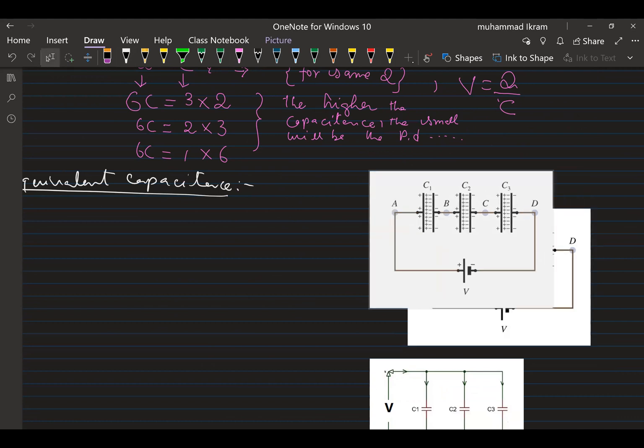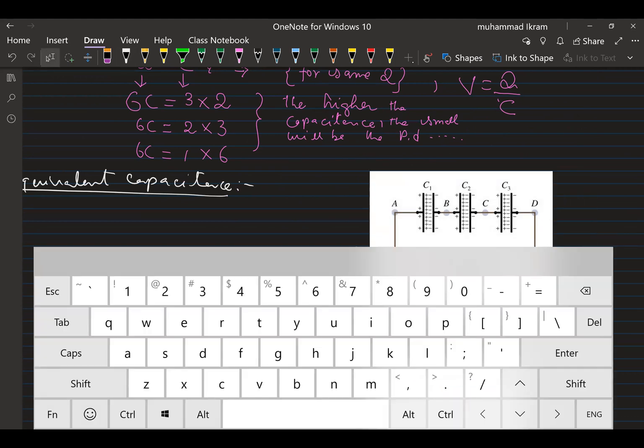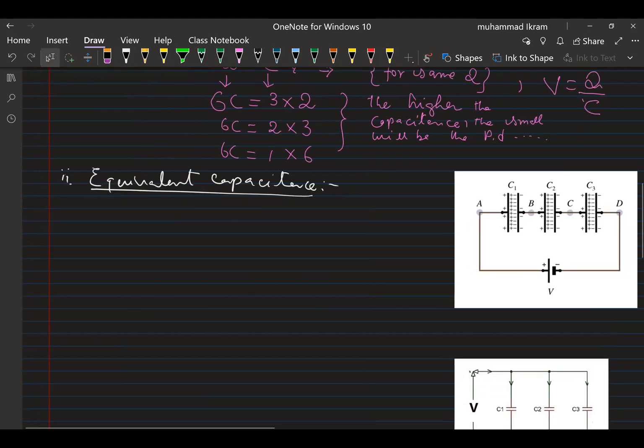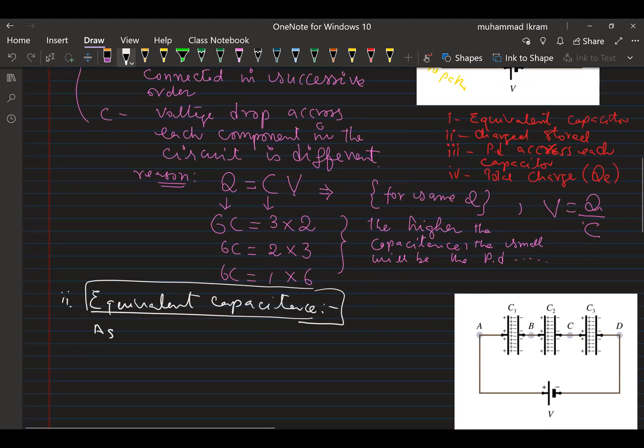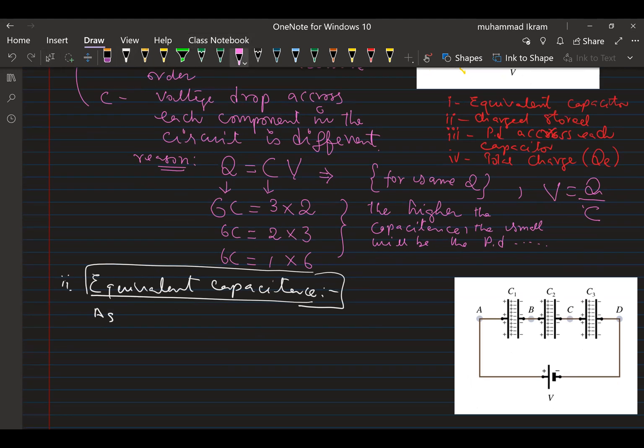Okay. Now you see, look, what will be the equivalent capacitance? For a series circuit, we will always start from the physical quantity that is divided. A very simple sentence, long story short: a series circuit is a voltage divider circuit.